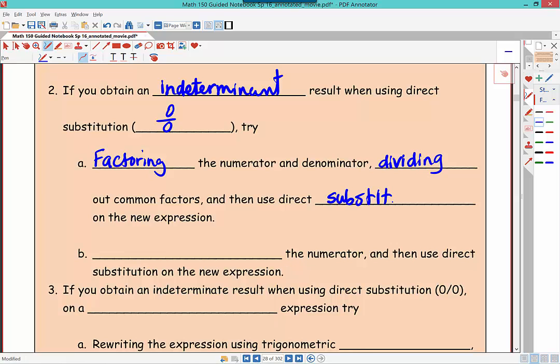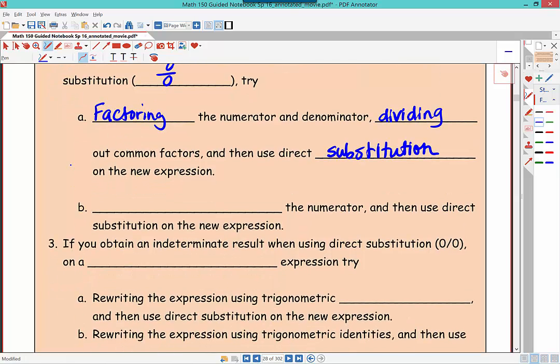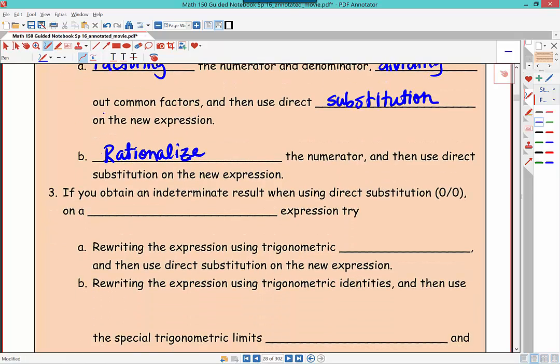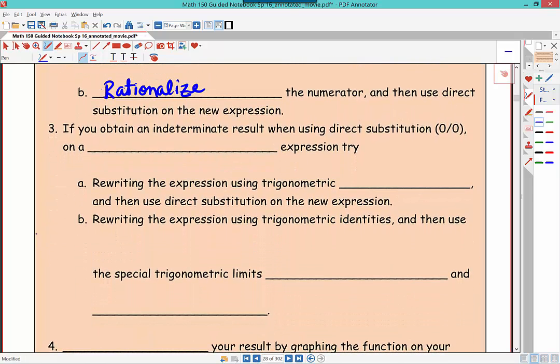This is the one for functions that agree in all but one point. Now, you could also try to rationalize the numerator, like we did in the warm-up problem, and then use direct substitution on the new expression.